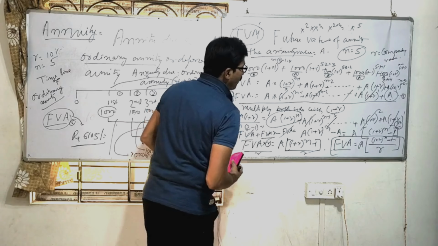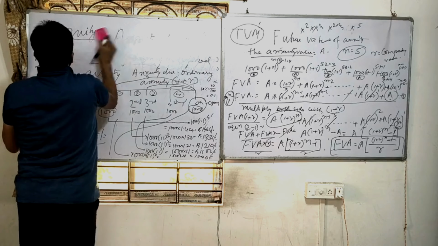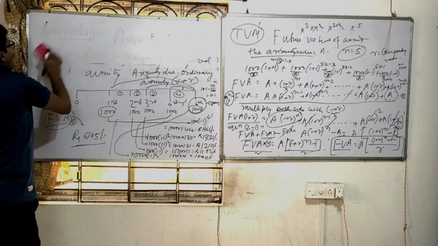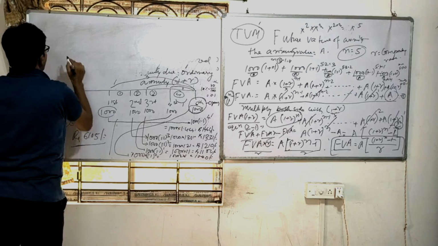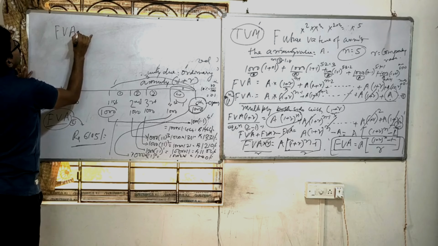It's a very important one. So for your better understanding, I am writing it here in a clear way. What is the formula for future value of annuity?